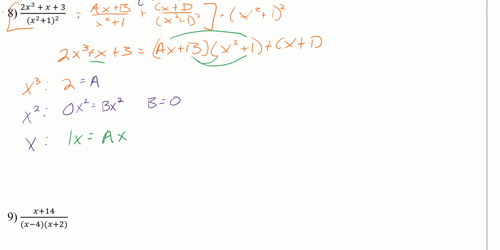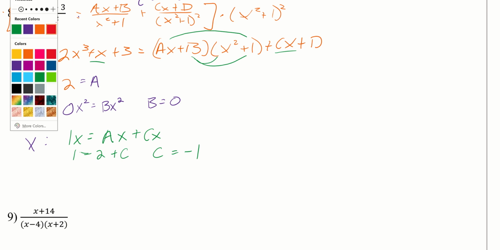No, it gives me a bx squared and a b. And then my only other x is that c. Well, I already know what a is. A is 2, right? So I have 1 is equal to 2 plus c, and then subtract it over. So c has to equal negative 1. And our last one is all of our constants.